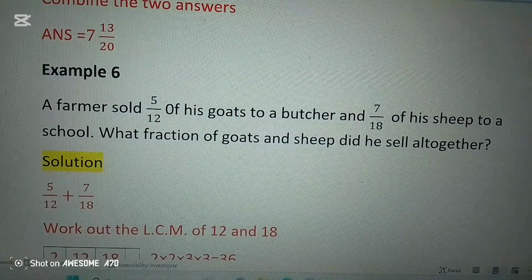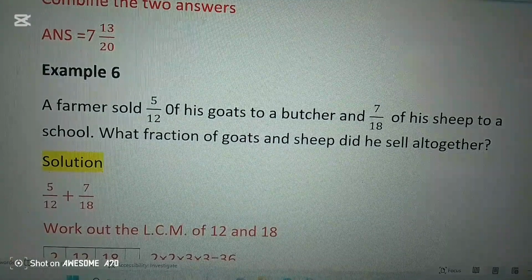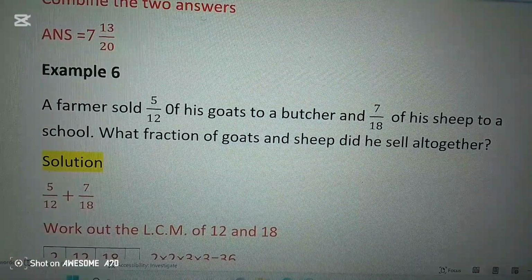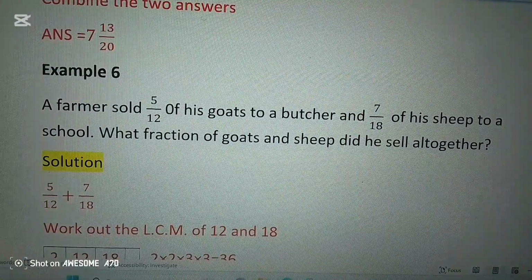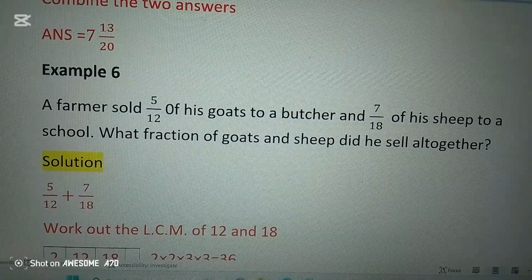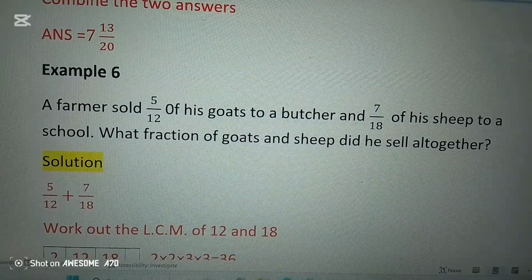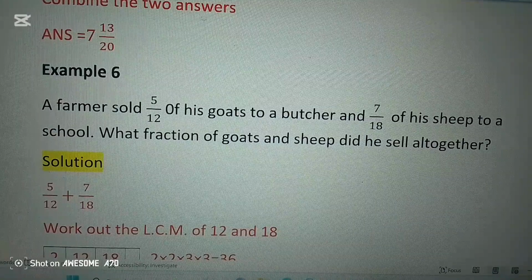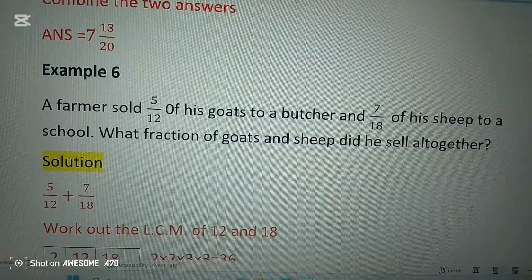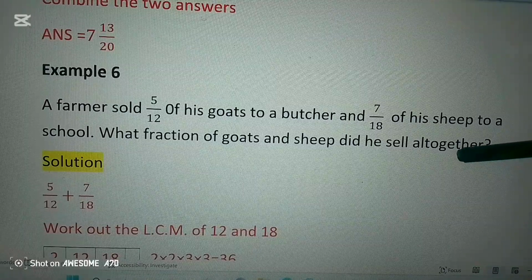Wow, this farmer, I think he got a lot of money. So, what fraction of goats and sheep did he sell all together?